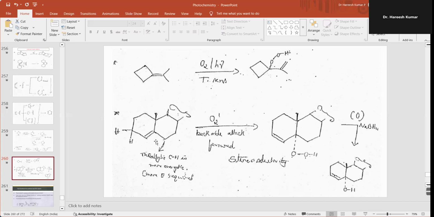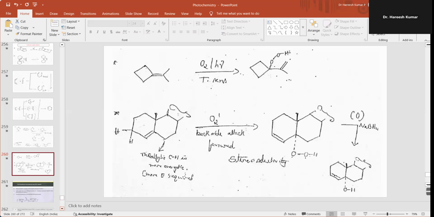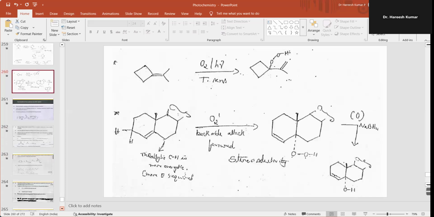Similarly, if we take a steroidal moiety, 5 alpha hydroperoxides are the major products. This, on reduction with sodium borohydride, will give you the 5 alpha hydroxy derivatives of steroids. So with this, I will go to the next one.